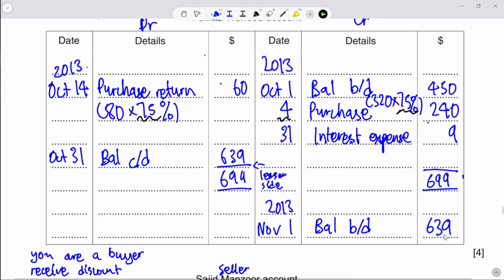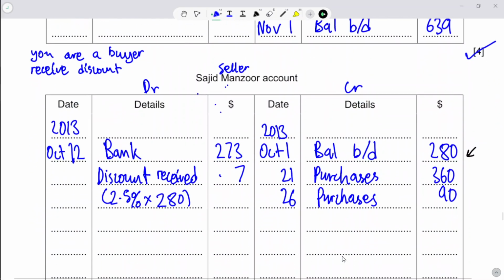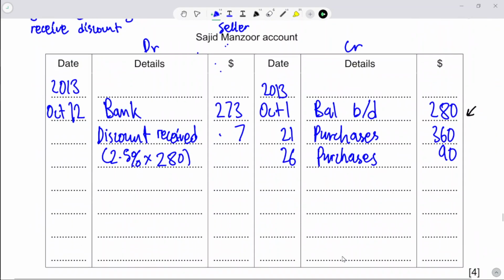Okay, we did this correctly. Now let's go to the next one. Let's balance the account also. The left hand side you get 280, the right hand side you get 730.